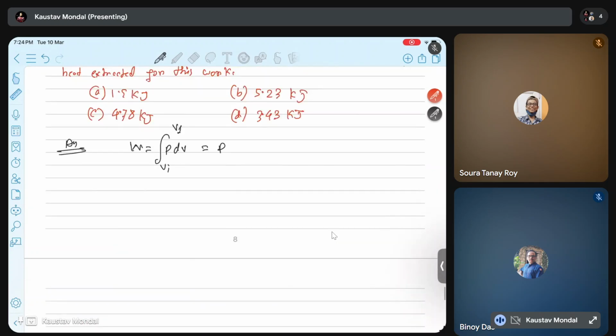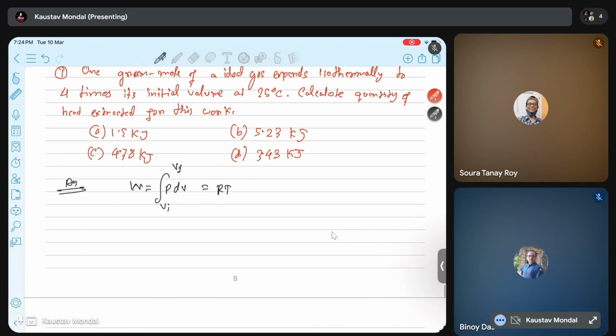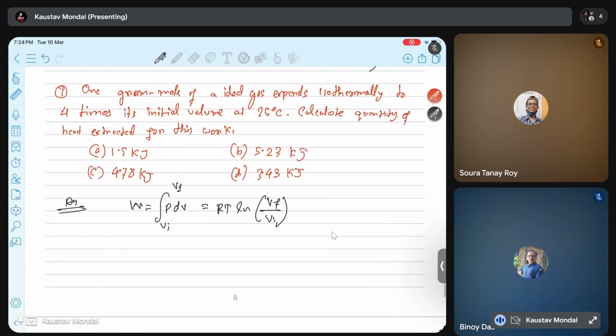So it would be RT ln V final by V initial. Okay. So the gas expands 4 times from the initial volume. So V final would be 4 times V initial, right? So RT ln 4.